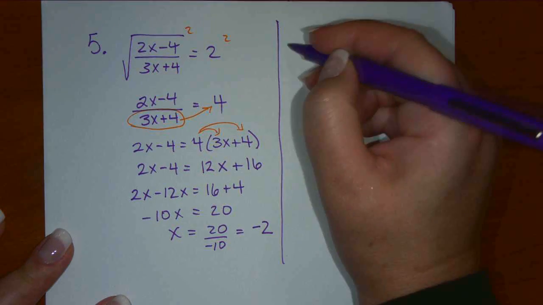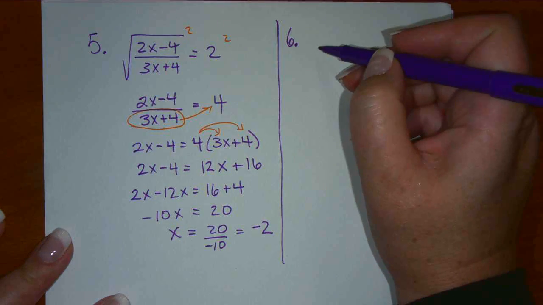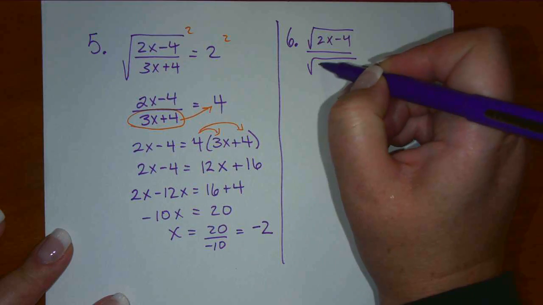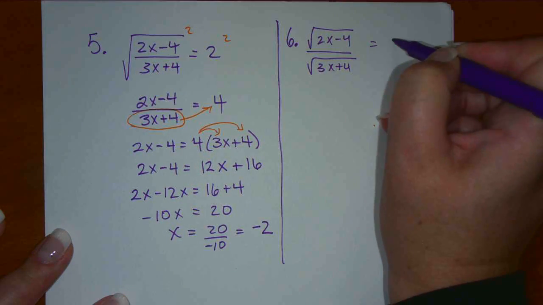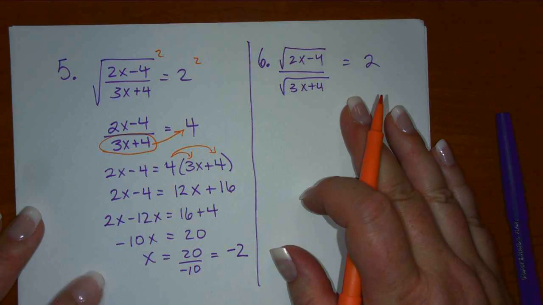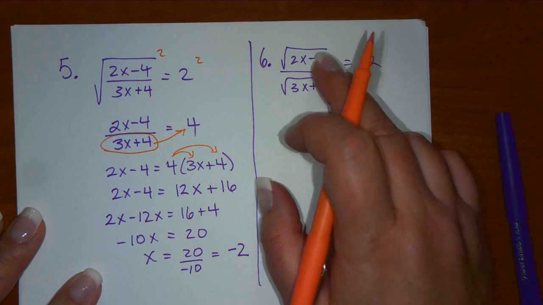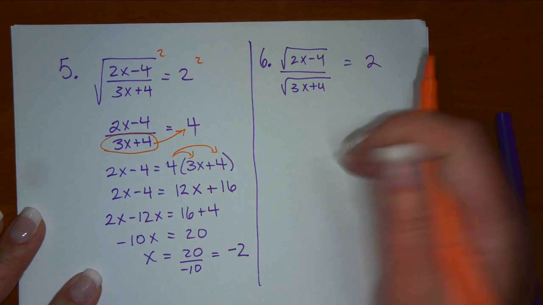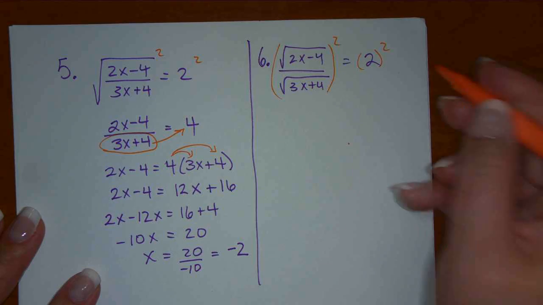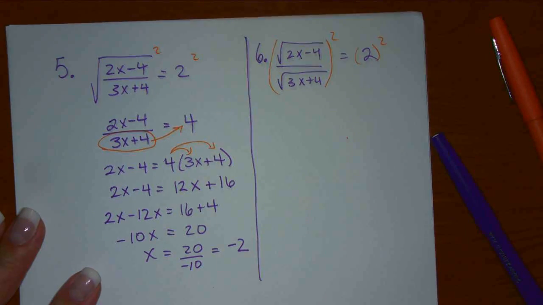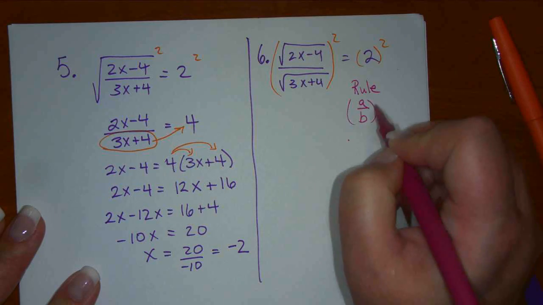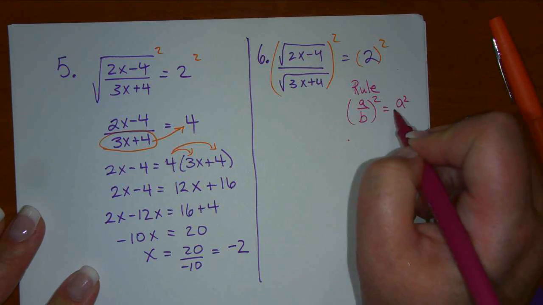What happens when we do that? We'll just do it side by side, because when I square both sides, so here you could square this side and square that side. The rule with exponents and fractions: if you square a fraction, you square the top and you square the bottom.